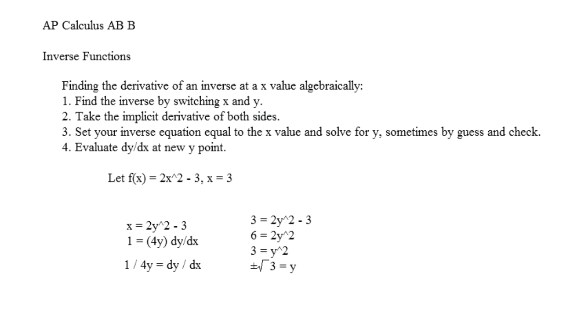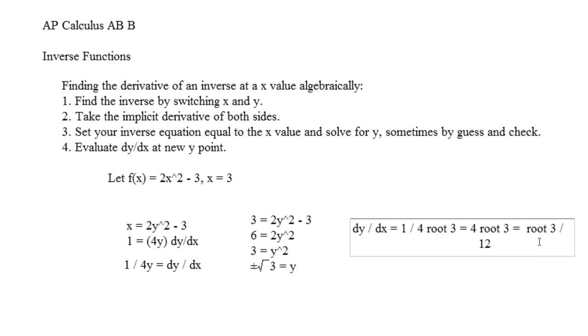So now that we actually have it, we can plug it in and find dy/dx. So dy/dx would equal 1 divided by 4 root 3, which is also the same as 4 root 3 over 12, which would actually turn into root 3 divided by 3.